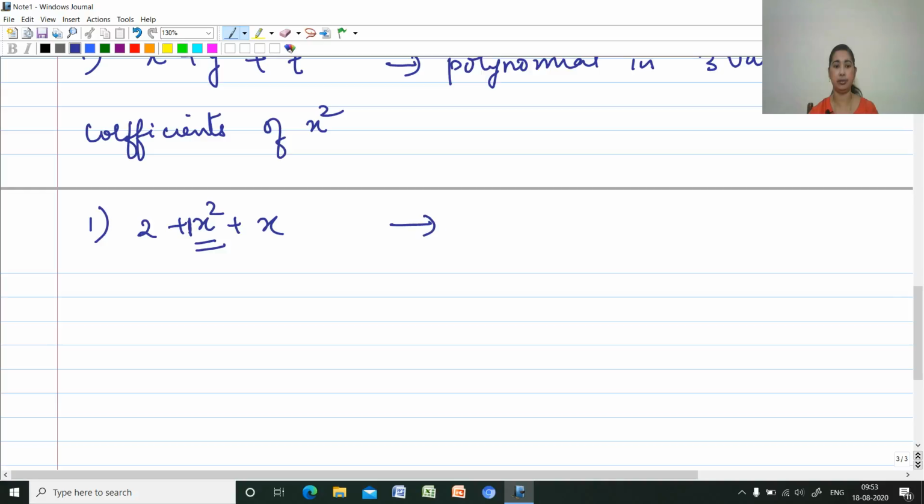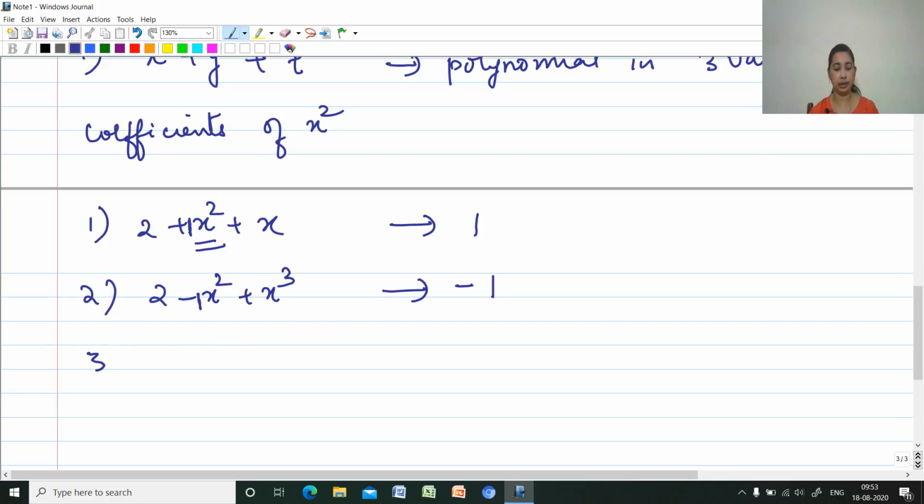So coefficient of x square is 1. Then next one, it is 2 minus x square plus x cube. Here we can see that it is only minus x square, meaning minus 1 x square. So the coefficient here is minus 1.